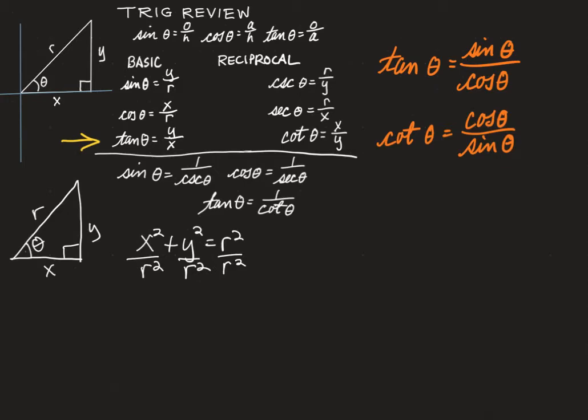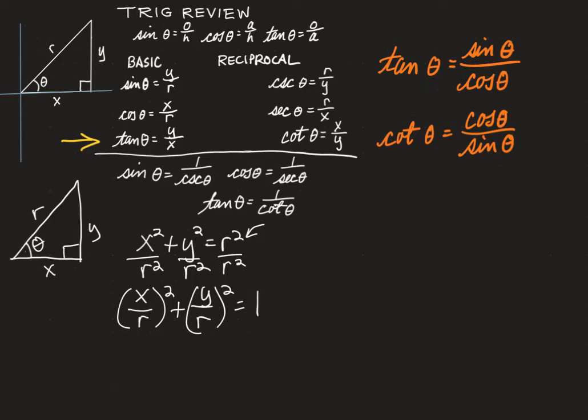Why in the world would we want to do that? Well, something very interesting happens here. We have r squared over r squared, which, according to our rules of exponents, lets us rewrite x squared over r squared as x over r, that entire thing squared, plus y over r, all of that squared, equals r squared over r squared, just 1.